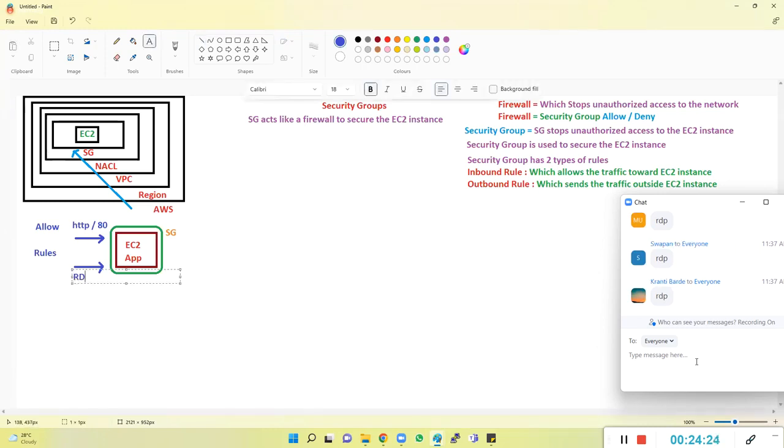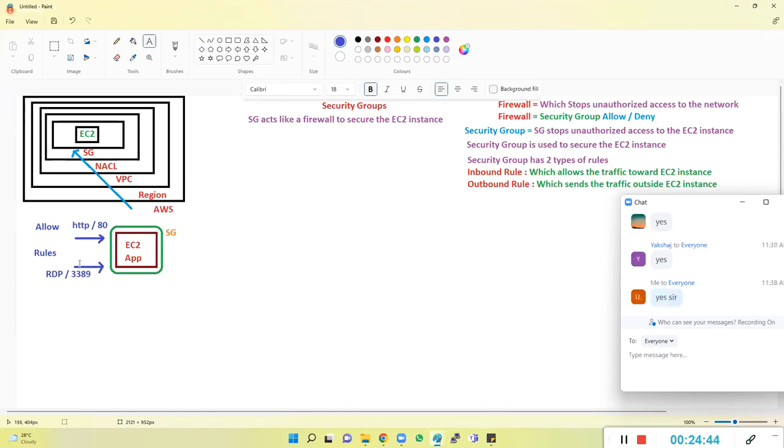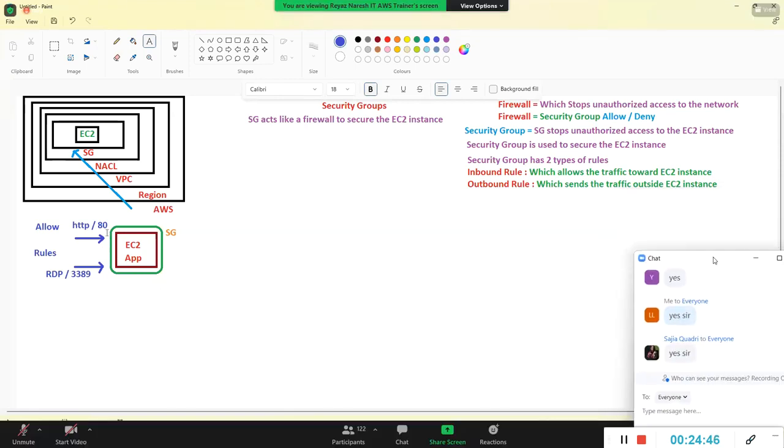So we need to allow RDP on port 3389. Remember, guys, it's all about allowing the protocols and port numbers on the security group. Getting it?